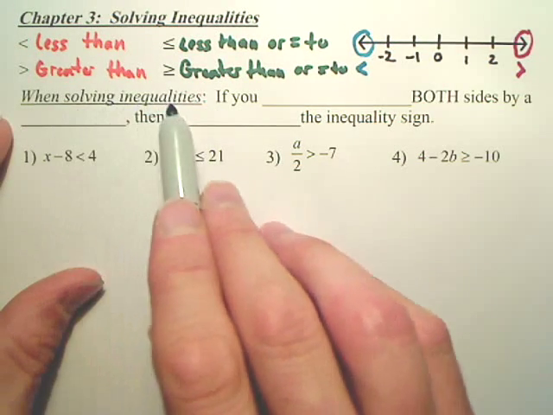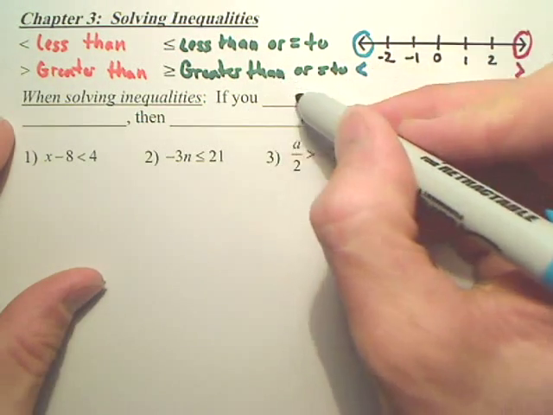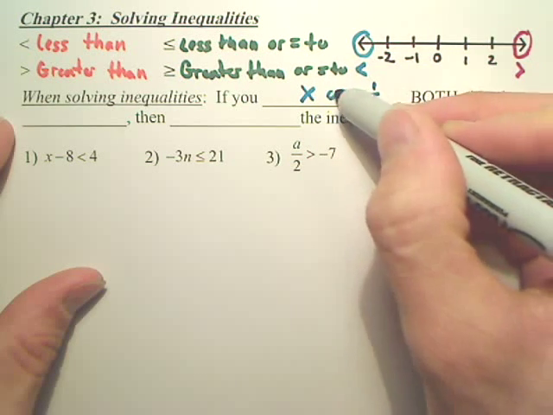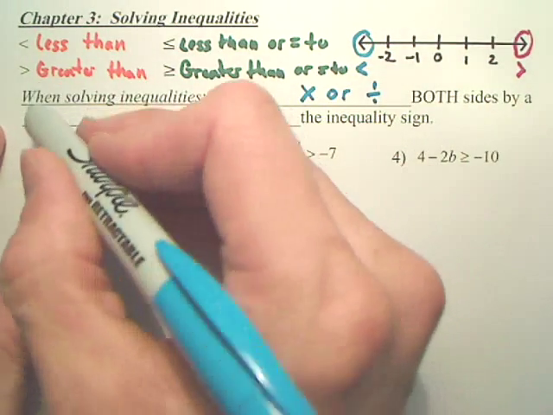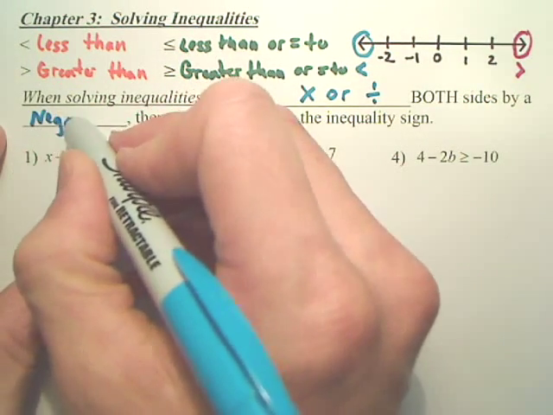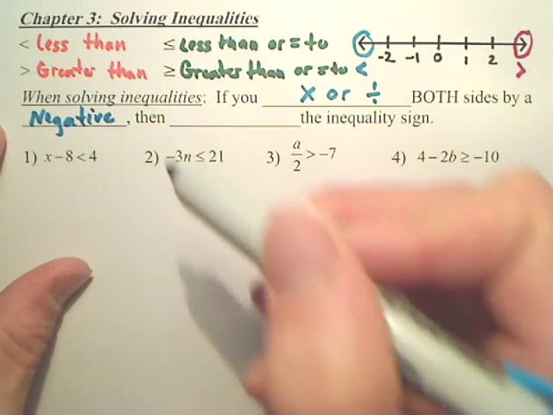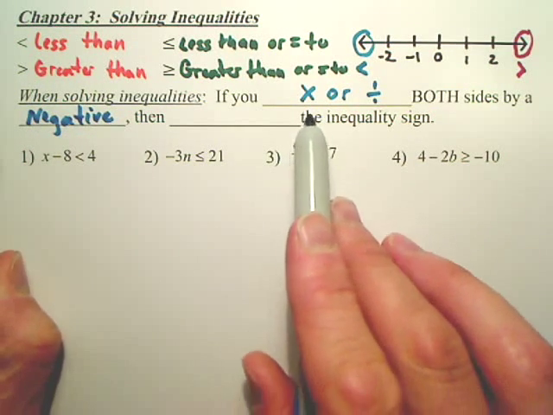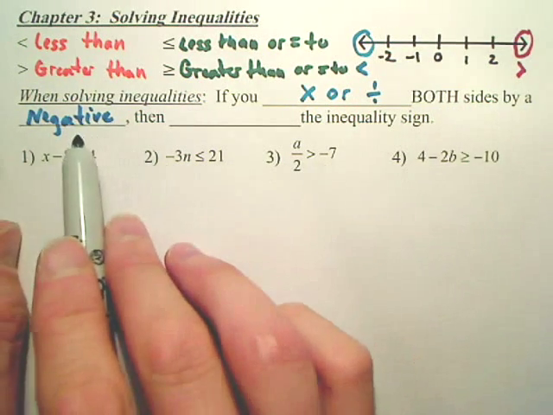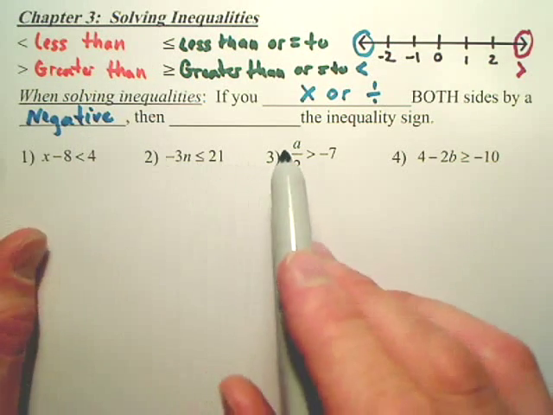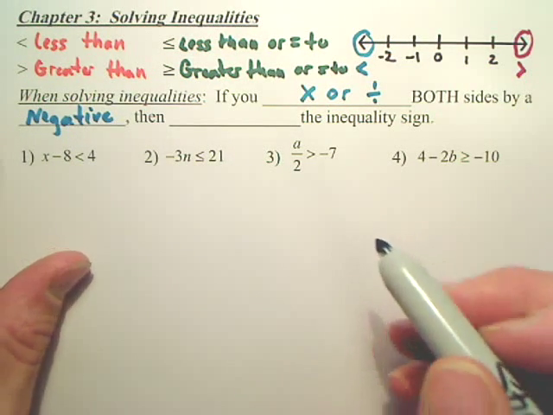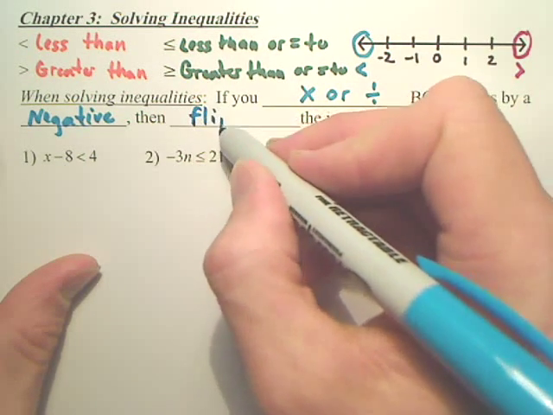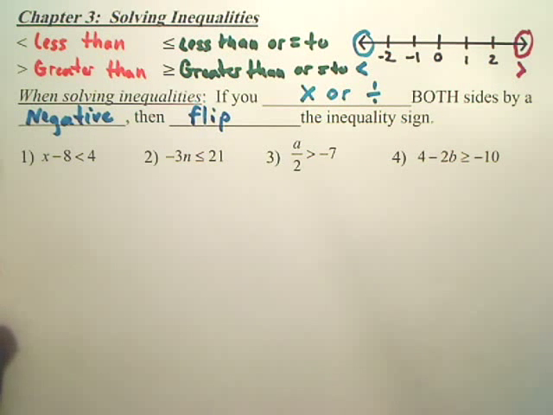When you are solving inequalities, if you multiply or divide both sides by a negative, this is a rule, then what do you do with the inequality sign? You flip the inequality sign.